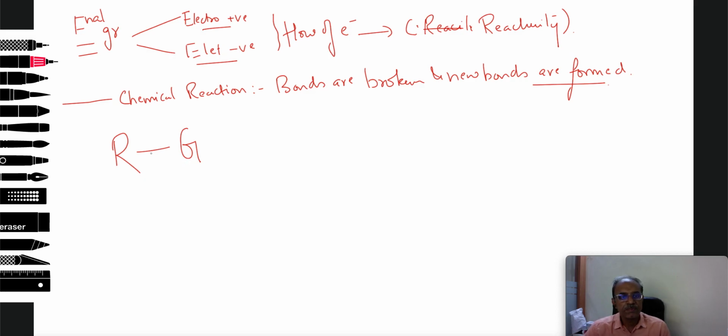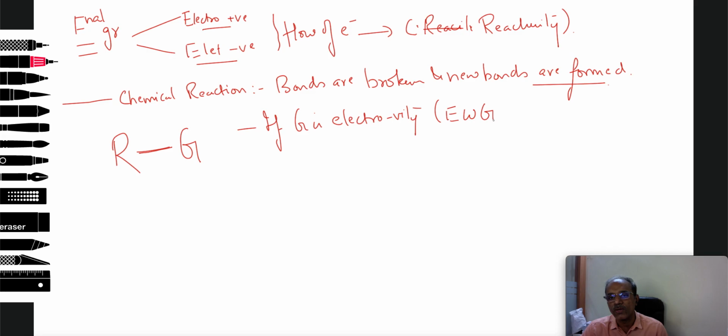This breaking of bond, suppose in one case we will see if G is electronegative. That means electron withdrawing. It will pull, attract electrons.